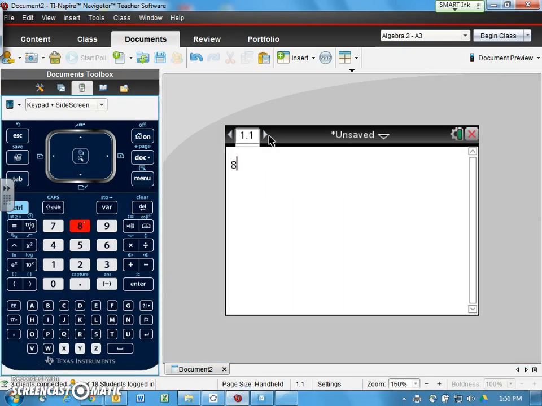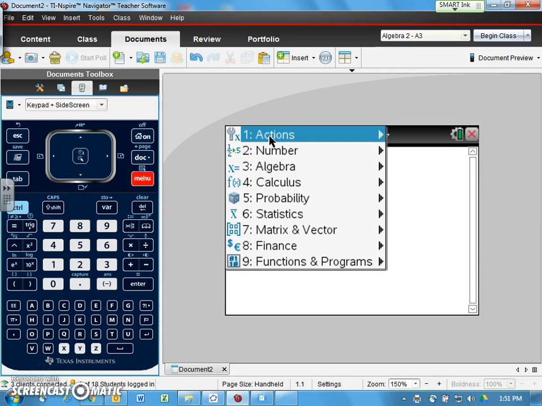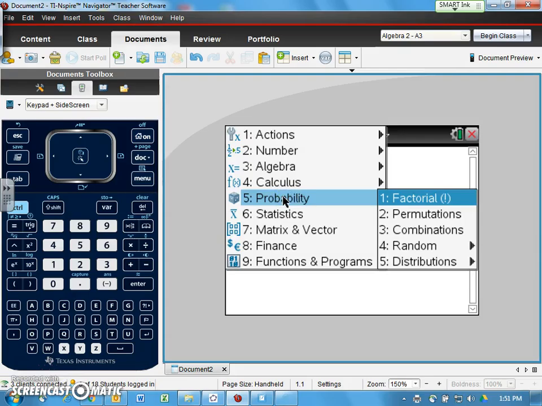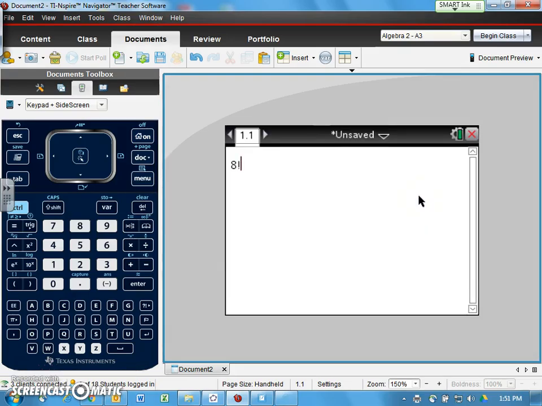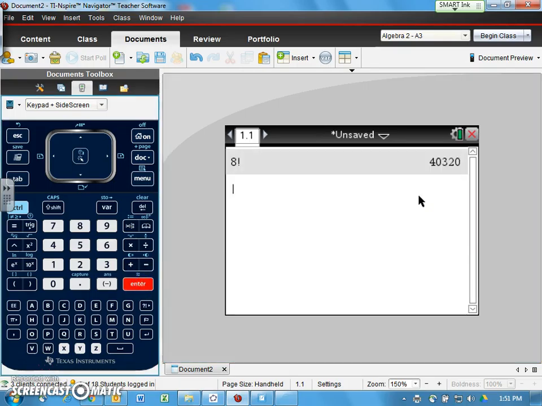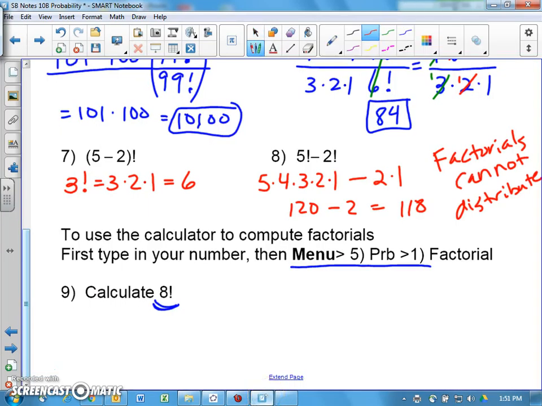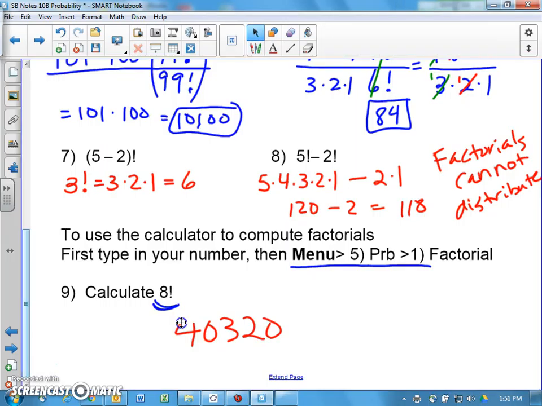I would type in 8, and then I'm going to go into my menu. Factorials are used in probability, and there's my factorial. And if you notice, it puts the little factorial symbol afterwards. So now all I have to do is hit enter, and I see that 8 factorial is 40,320. So this is just going to be 40,320, which hopefully is what you found up above.